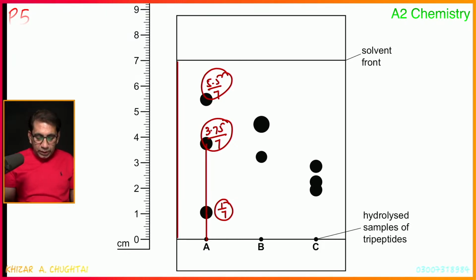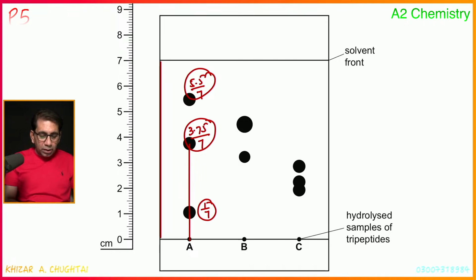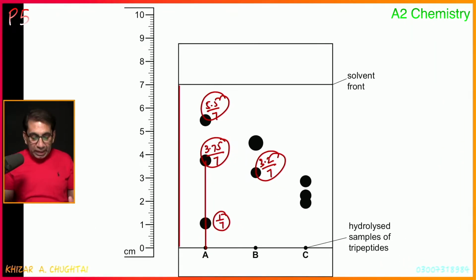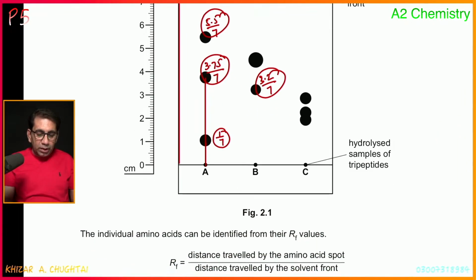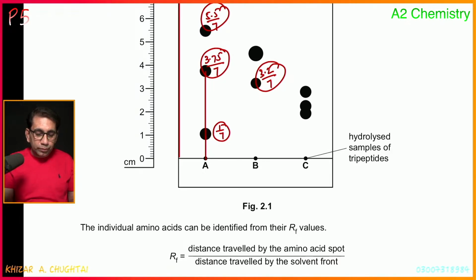The same is the case with B. Its first spot is almost 3.3, or you can say roughly 3.2, because I cannot use an exact ruler over here. The next big spot of B has an RF value of almost 4.5, so 4.5 over 7.